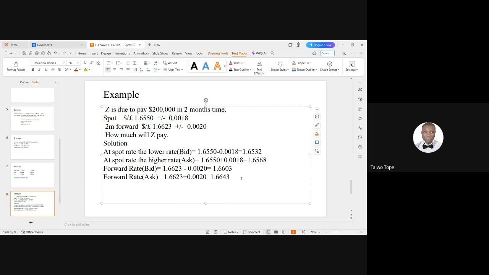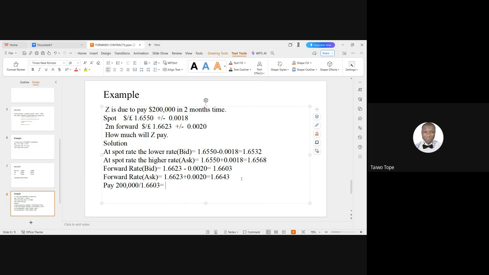So buying dollars at a lower rate will show that the expression will be in this form. How much will you need to pay to get these dollars? So it means pay $200,000 in relation to 1.6603, and you're going to have what? Because the bank will buy at a lower rate.